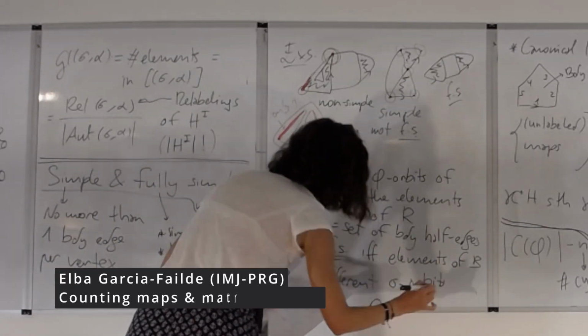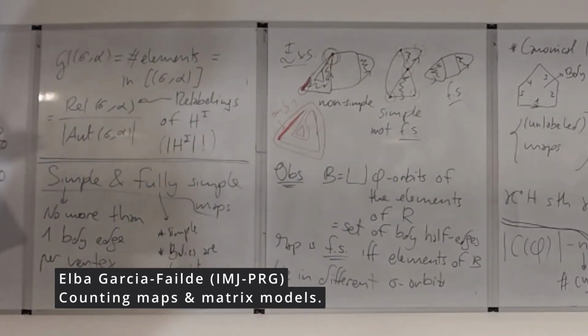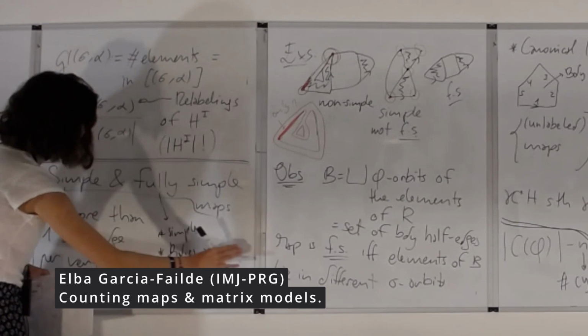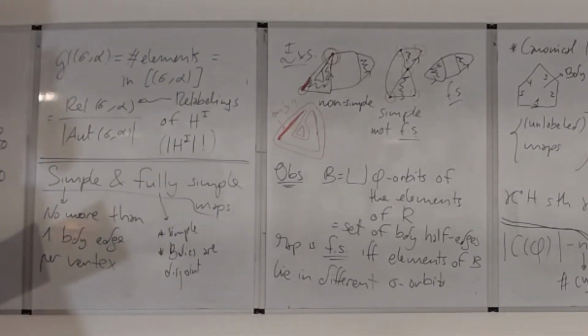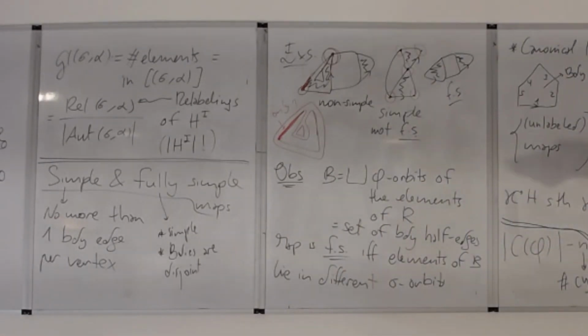This is just a translation into group theory, not too much group theory, of this condition that I was explaining here. This will be useful to make the connection with the matrix model.